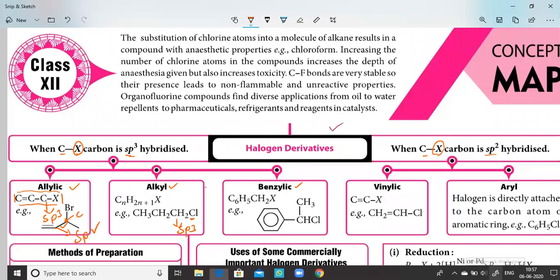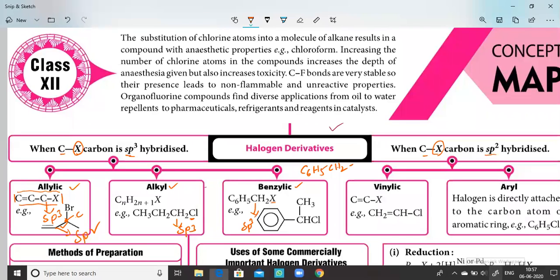Coming to benzylic. Right. In benzylic, you can see this is what we are calling benzyl, C6H5CH2. Okay, this we are calling the benzyl group. In benzylic also you can see this halogen is attached to which carbon? sp3 carbon. Okay, so this we are calling benzyl.